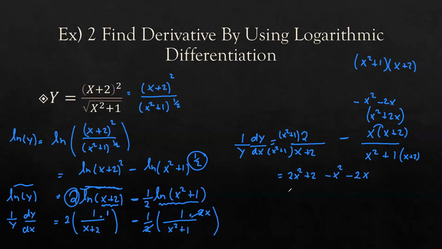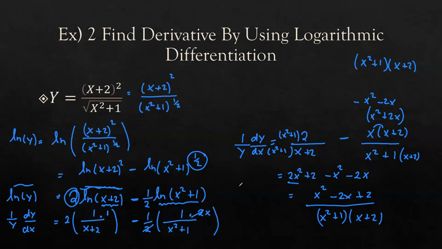And then if you clean that up, combine like terms, 2x squared minus 1x squared is x squared. And then you have negative 2x plus 2. And then on the bottom, it's just the greatest common factor.